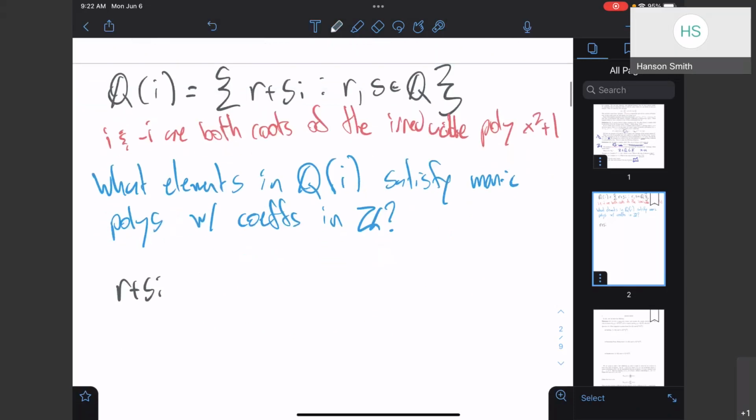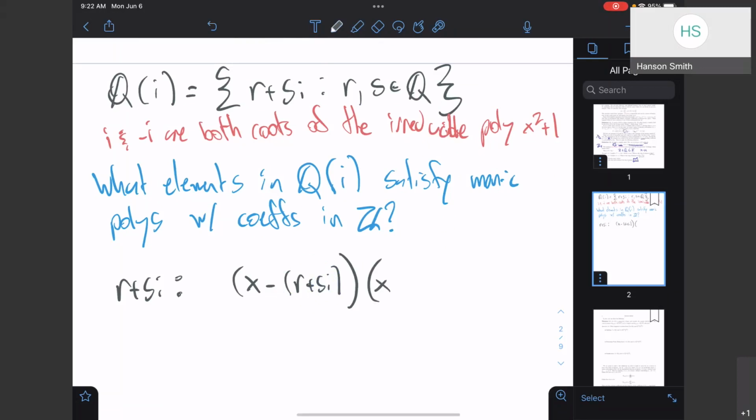So take r plus si, and I get x minus (r plus si). And I want to build a polynomial with this as a root. If s is non-zero, I need to do some work here because this is a complex number. It's not a nice integer or rational. So the secret is I'm going to take its conjugate. I'm going to look at what happens when instead of i I take negative i in there.